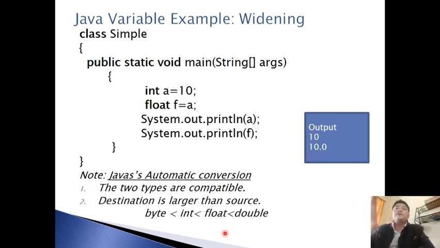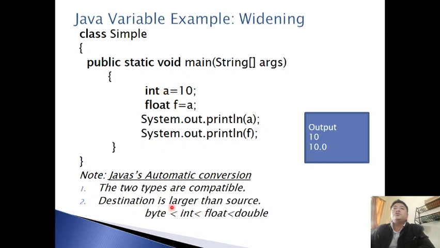So basically, a byte can be stored in an integer, a byte or integer can be assigned to a float, and a byte, integer or float can be assigned to a double. The destination size should be larger than the source. Here the source is a and the destination is f.